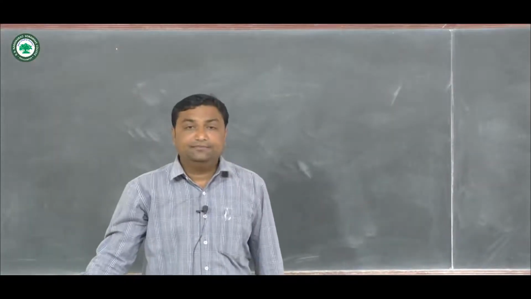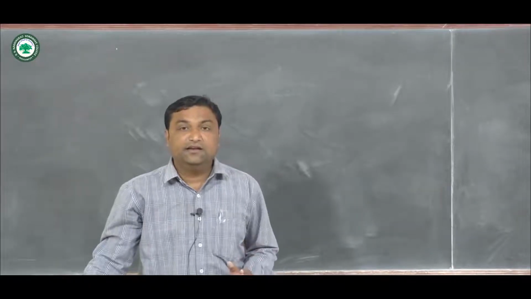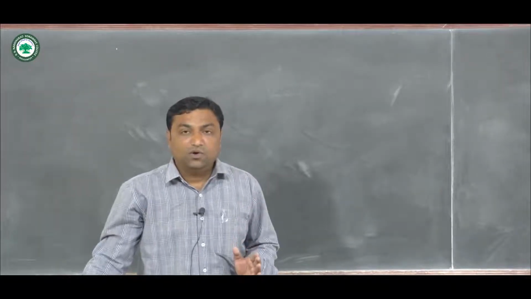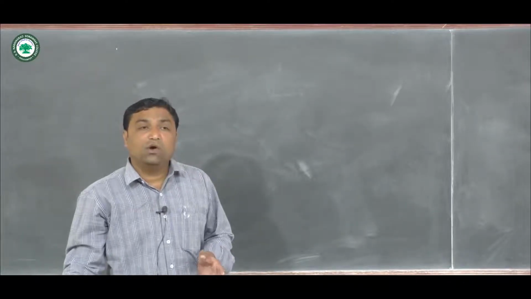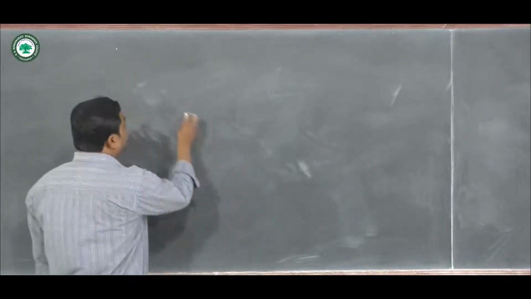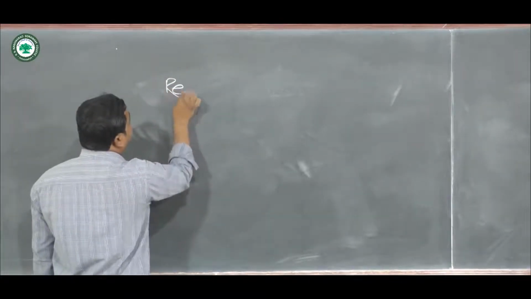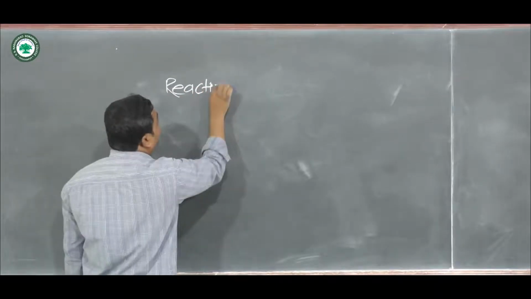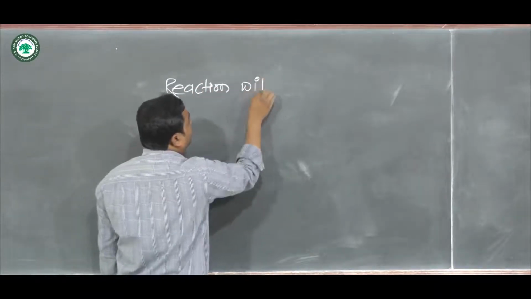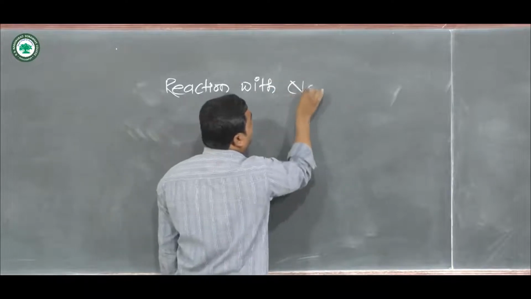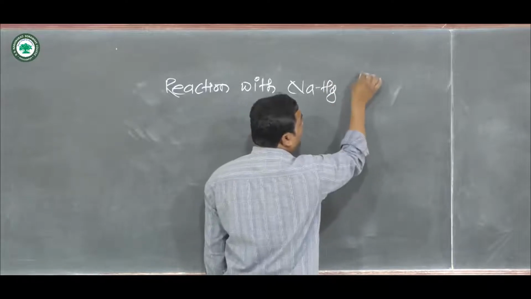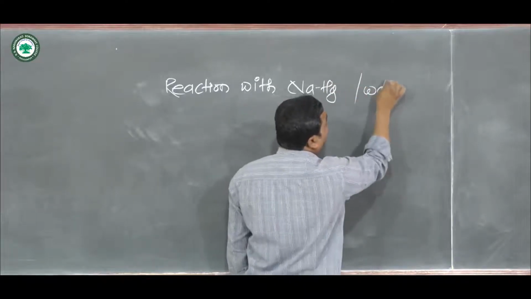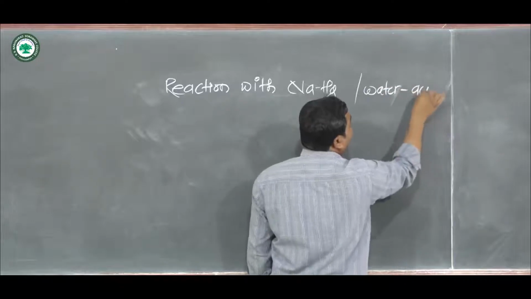Now, instead of a catalyst like palladium, platinum or nickel, if we use sodium amalgam in presence of water or acid, that is, reaction with sodium amalgam in presence of water and acid.